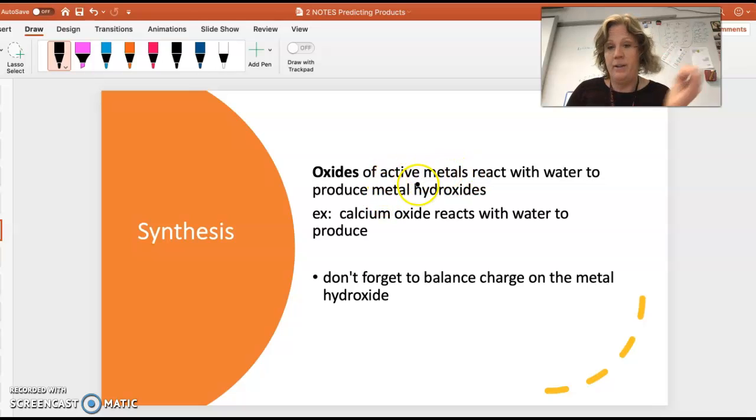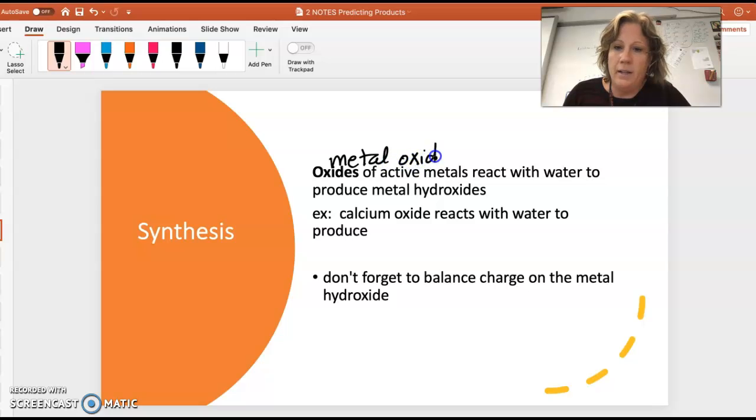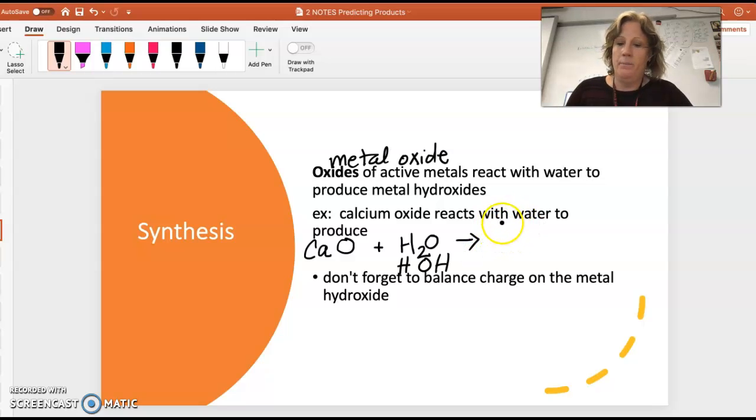Oxides of active metals, so if it's a metal oxide of an element in group 1 or 2, they can react with water and produce a metal hydroxide. So calcium is in group 2, oxide, +2 -2, reacts with water. You can write water H2O, or you can write it as HOH. And then that's going to form a metal hydroxide.